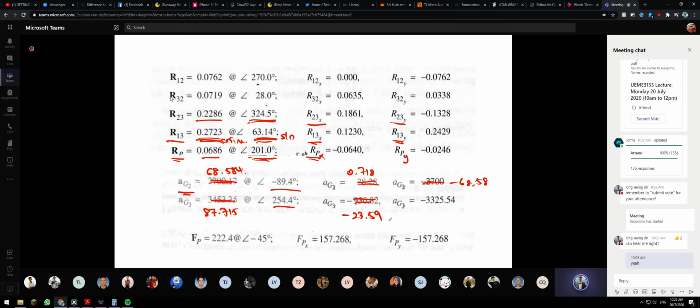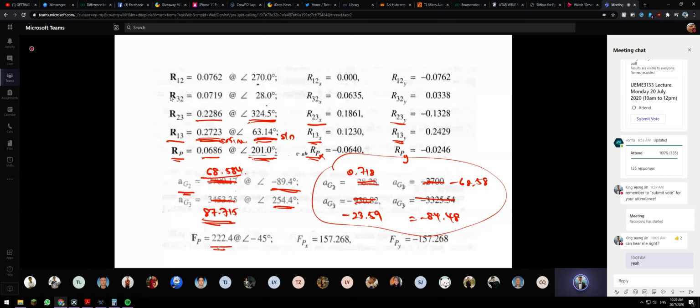And then the other one will be minus 84.48. So this is a value from the questions, and you calculate the x and y based on the angle given.